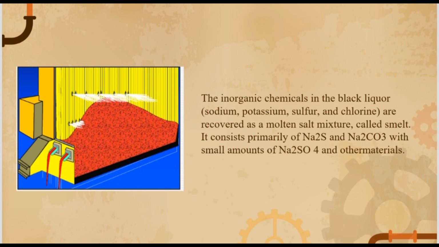The sodium sulfide, which is necessary for kraft pulping, requires a local reducing or oxygen deficient environment. The effectiveness of the recovery boiler in producing this desired chemical is measured by the reduction efficiency.